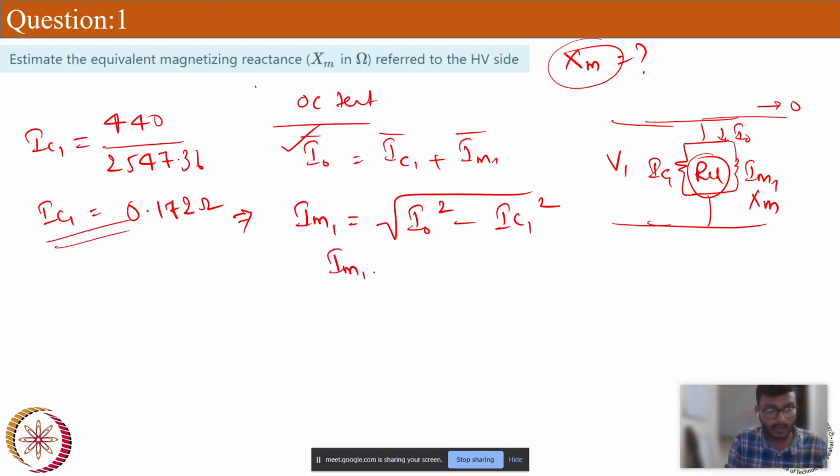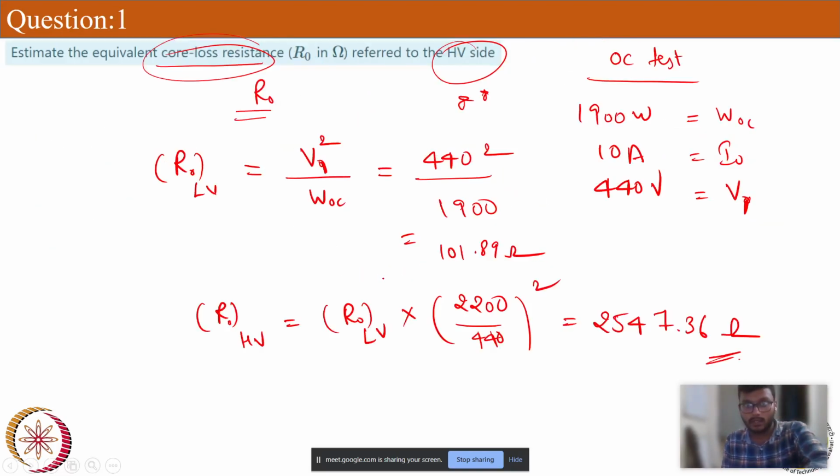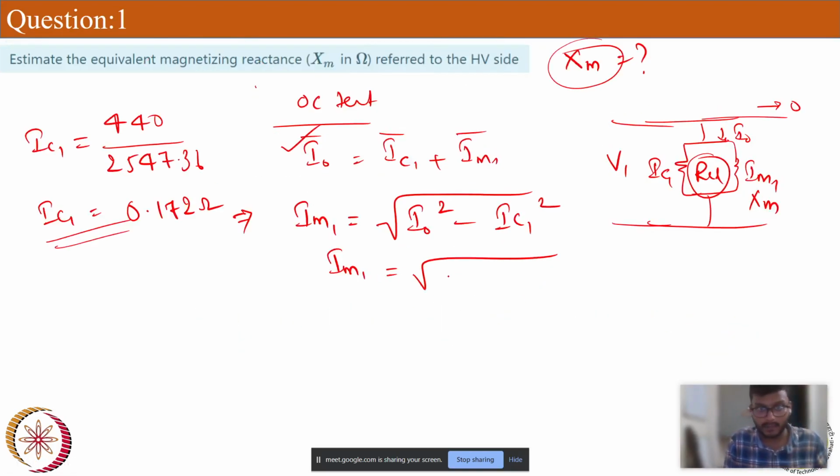From this I will get IM1. How much is my I0? 10 amps.